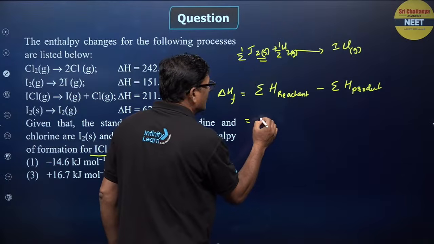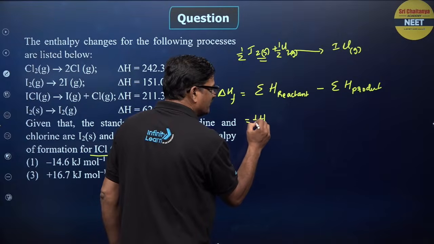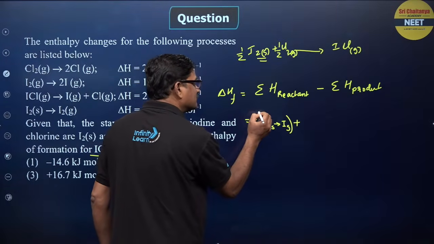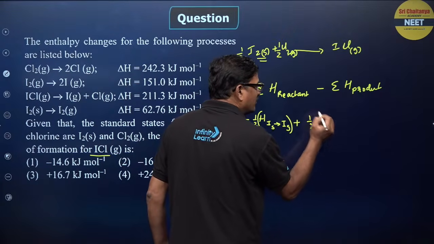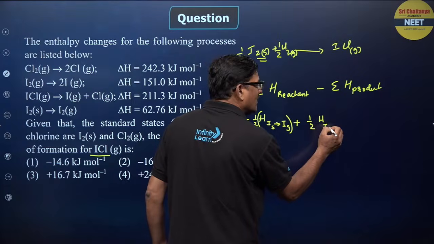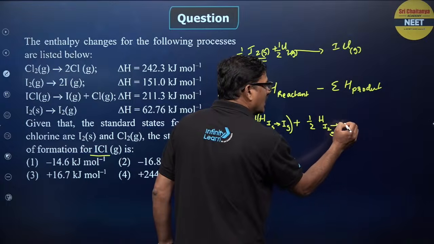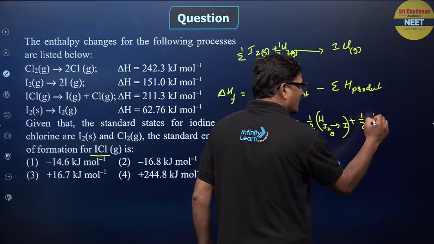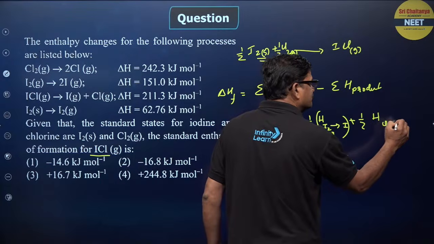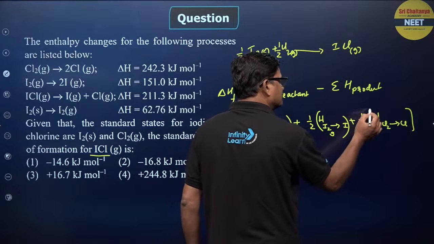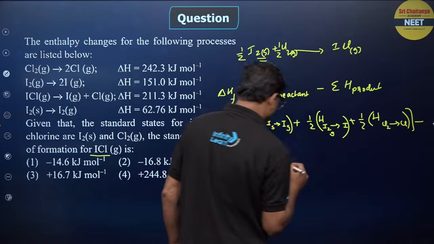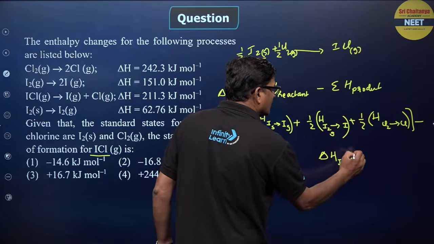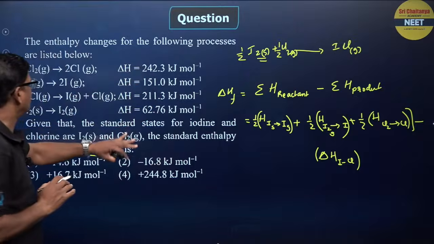So for the reactants, you have the enthalpy of atomization of iodine solid to iodine gas, plus half into the bond dissociation energy of iodine gas to iodine atoms, plus the enthalpy of chlorine dissociation, minus the enthalpy of ICl. So all the values are available here.